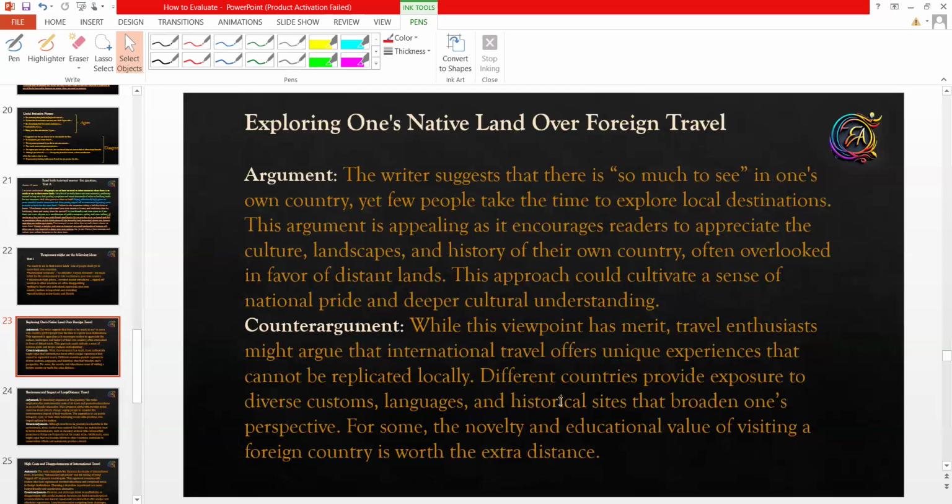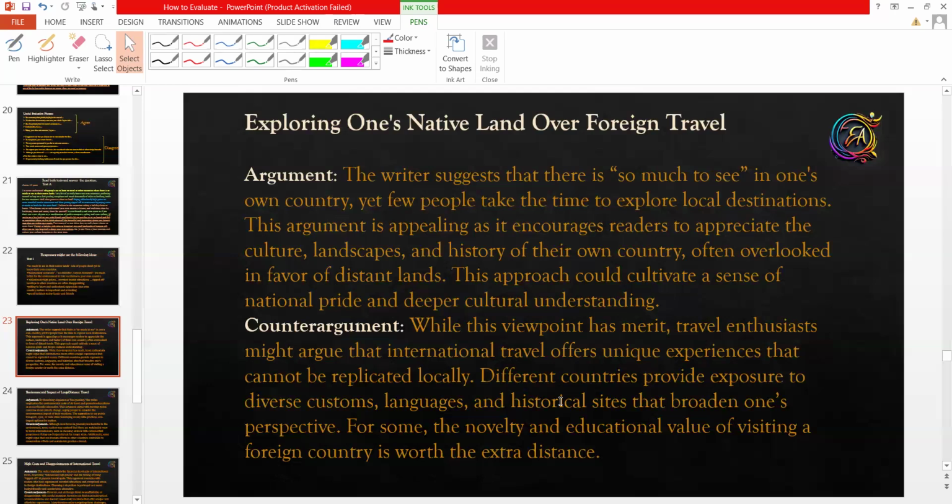When you are giving your own opinion, you must have it clear in your mind what you are supposed to do, whether you want to go abroad, whether you want to go to other countries for the vacation, or whether you want to stay in your own country, or just visit different places of your own country. So just make it clear in your mind and then go on with the argument or the counter argument.